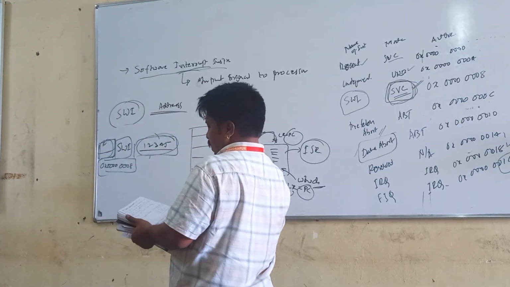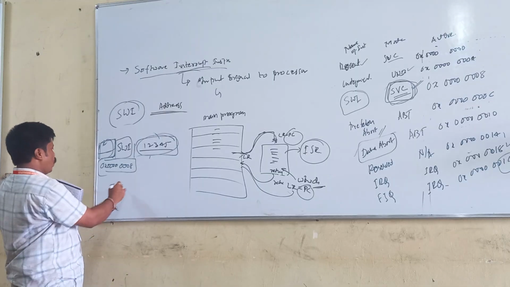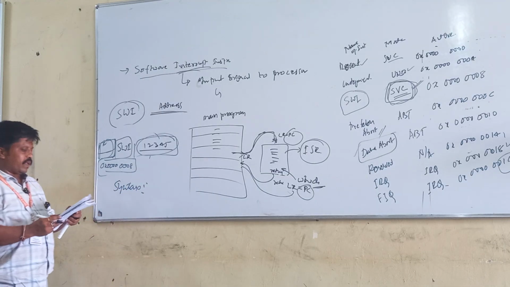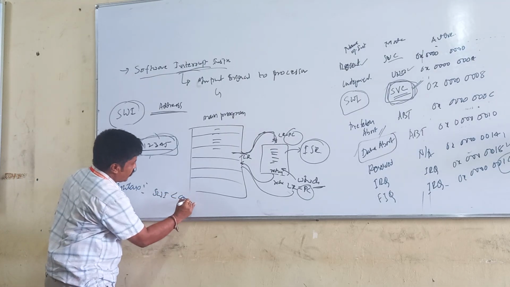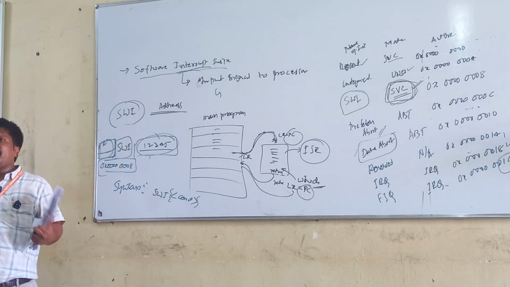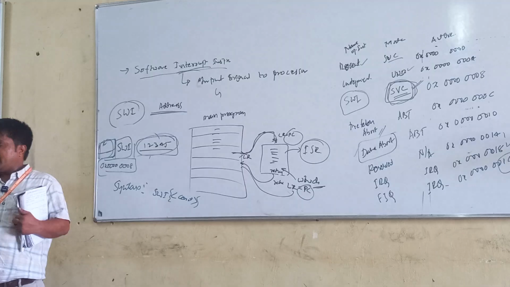We have the instruction for this one, and we have the syntax. How to write the syntax, that is, the instruction format: SWI. The condition field will be available in each and every instruction; I will discuss this at the end of the class.